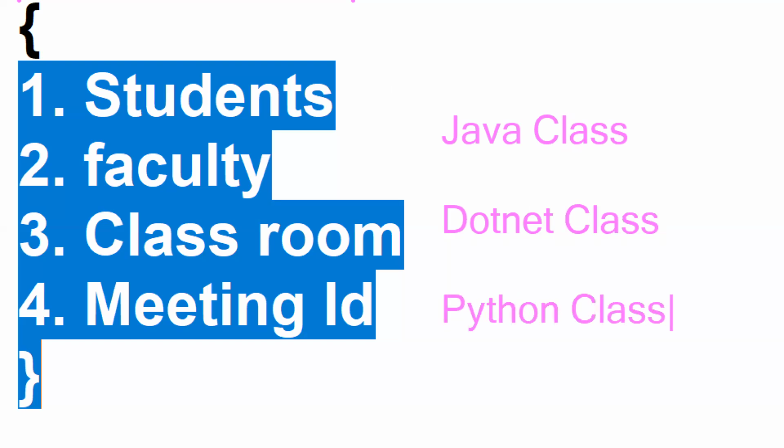All three classes will require these four parameters. Without these four parameters, will I go and attend a Java class? Will I go and attend a .NET class? Will I go and attend a Python class?